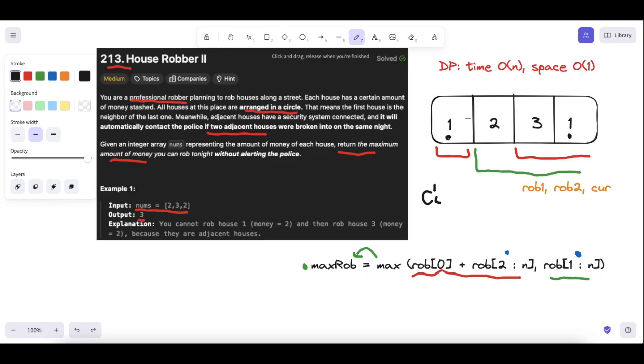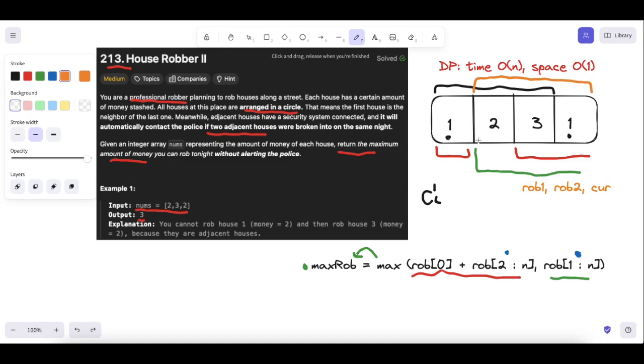So what we're going to do is basically run this algorithm from house robber 1 twice, and the first time we will run it starting from index 0 up until the second to last position, and the second time we're going to run this algorithm starting from index 1 and going along until the last position.